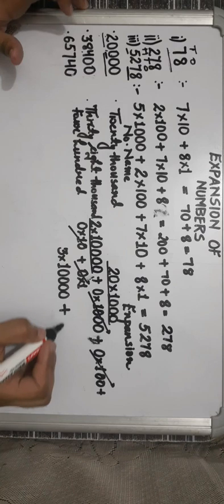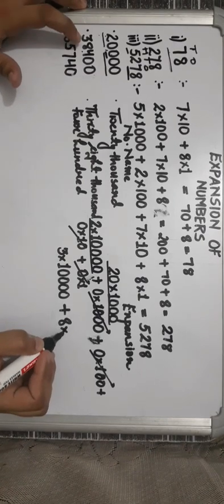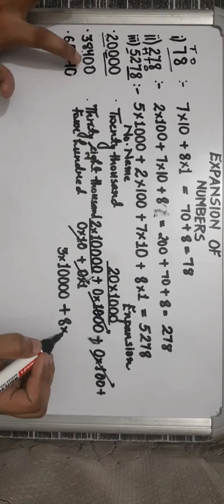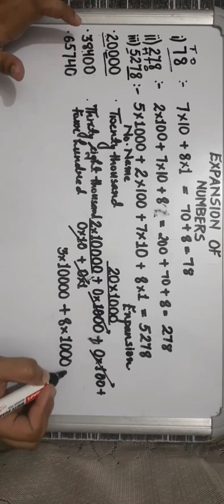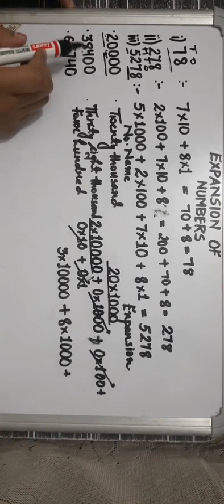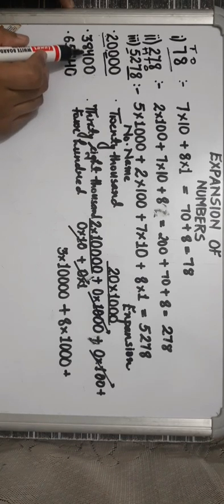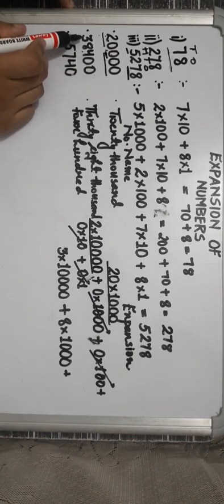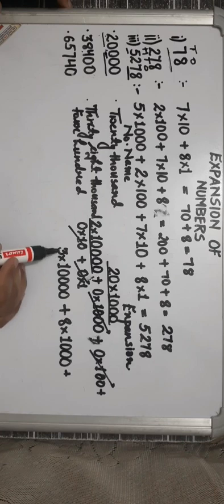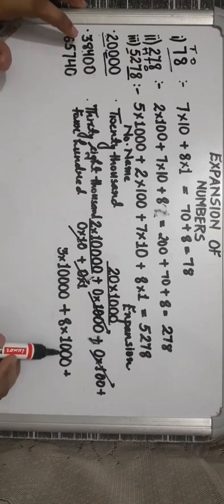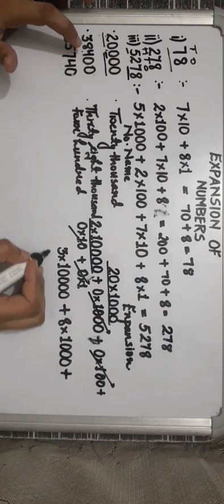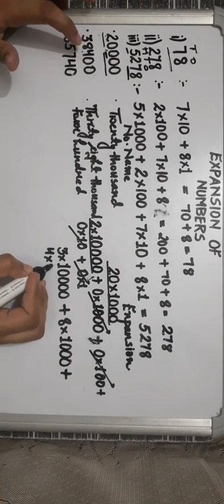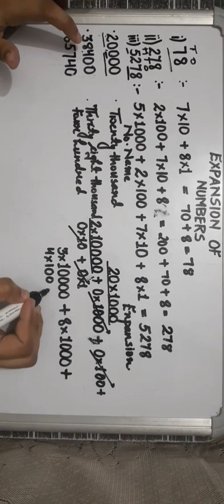Plus 8 having 3 digits after that. So we will multiply it with 1000, as it is at 1000 place. Ones, tens, 100, 1000, 10,000. That's why we multiplied 3 with 10,000, 8 with 1000 and 4 with 100 because it is at 100 place.